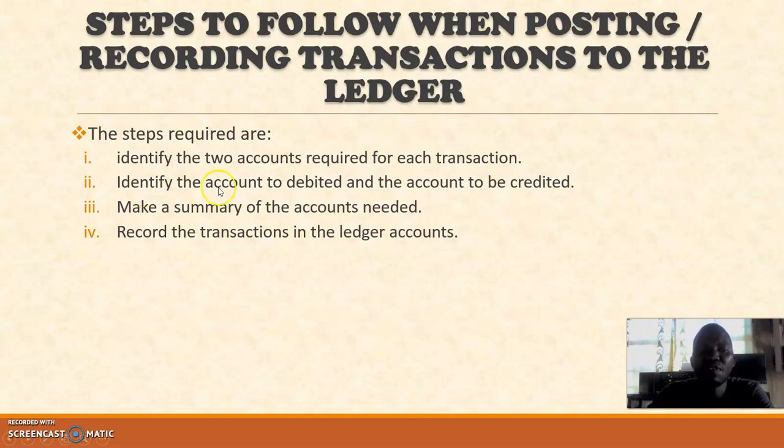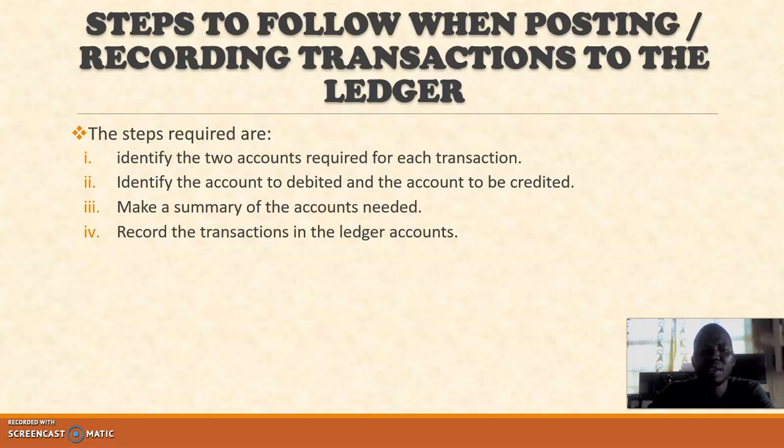Secondly, you should identify from the 2 the account which will be debited and the account that is going to be credited. After that, you should make a summary of the accounts needed. So from all the transactions you have, group them and make a summary. I'll show you how that is going to be done. Then lastly, you should record the transactions in the ledger accounts.